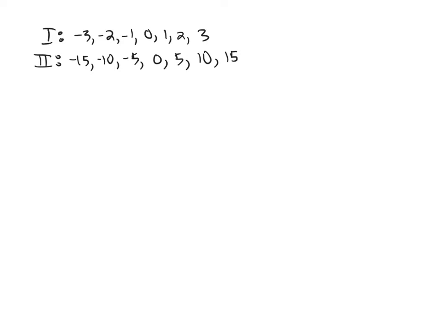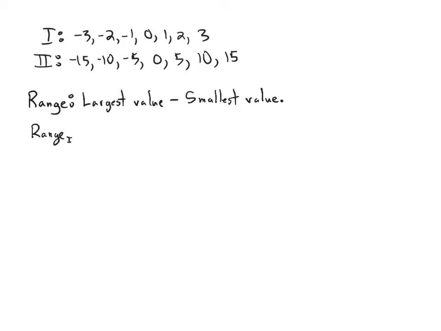One kind of naive measure, the easiest measure to talk about, is something called the range of a data set. The range is the largest value minus the smallest value. So for data set 1, the largest value is 3 and the smallest value is -3, so the range is, of course, 6.